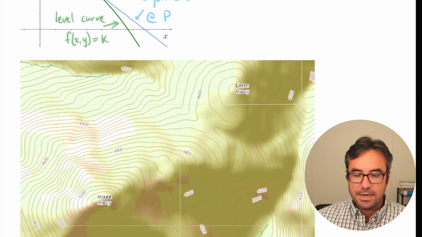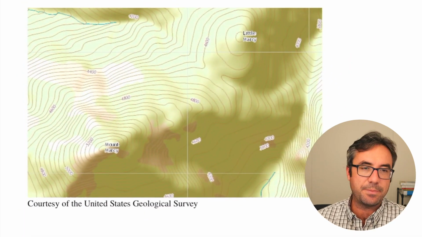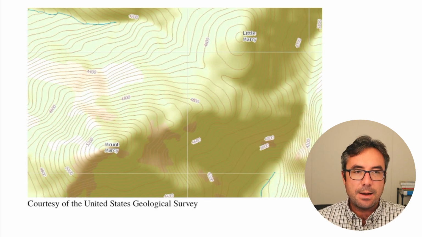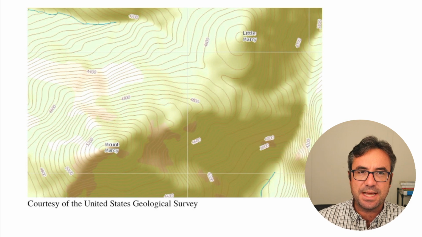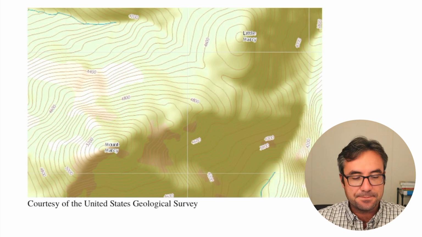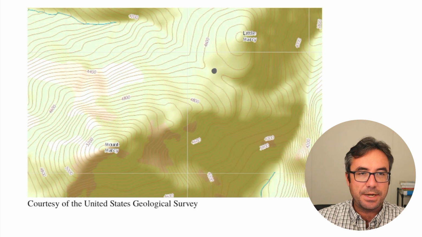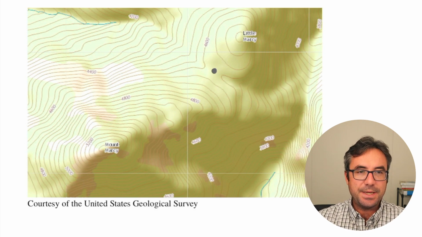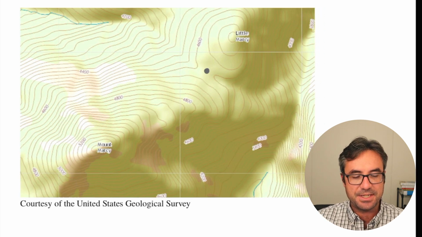Just to end this with a contour map that we've seen before, we can take a path of steepest ascent or descent. Imagine we're standing at a point, and we take what's called the path of steepest ascent.